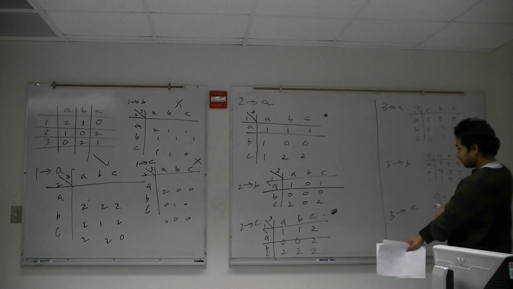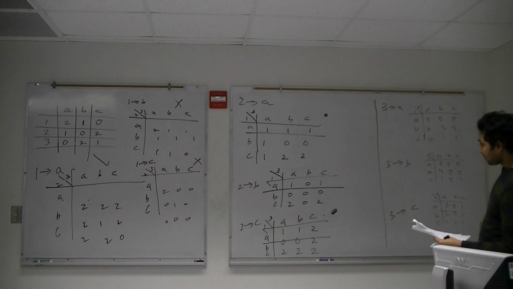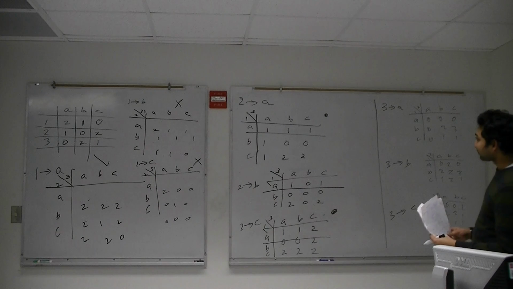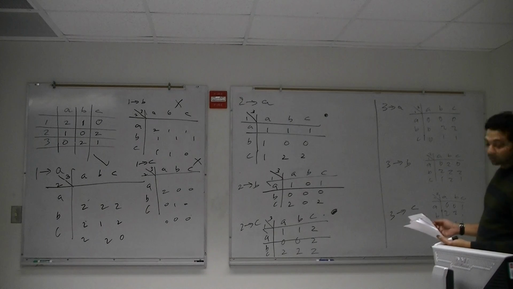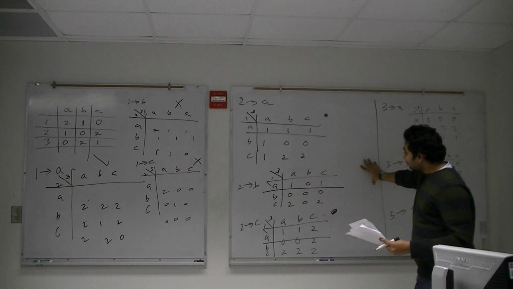Because C has a tree. It's called weakly dominating. So which one do you think is better? I think C, because C is 2, 1, 1.